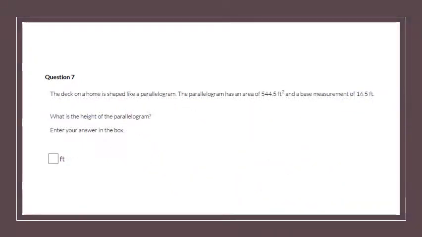The deck on a home is shaped like a parallelogram. The parallelogram, there we go, has an area of 544 and 5/10 and a base measurement of 16.5 feet. What is the height?